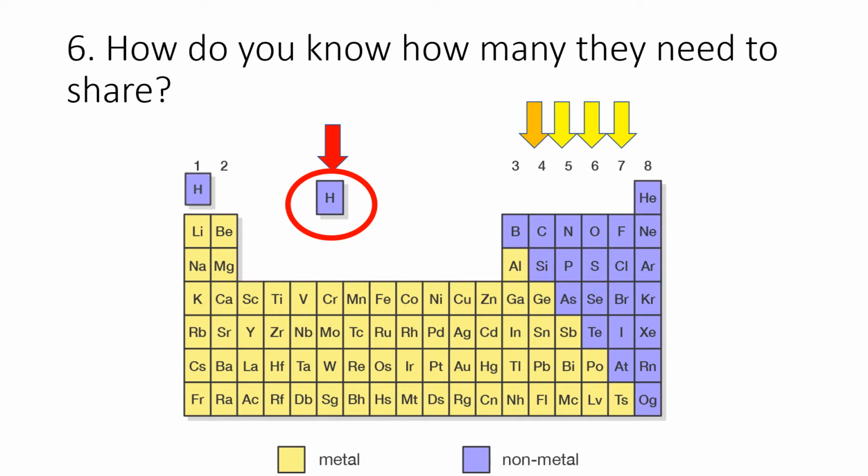It forms a +1 ion, which is even more confusing, but if it's going to bond covalently, it needs 1 more electron in order to become stable because it just has that first energy level, so it's full at 2 electrons. So this is your rule breaker. This is the one you've got to watch out for. Hydrogen is very small and it only has 1 electron and it only needs 1 electron in order to become stable. So it will only share 1 electron to become stable.